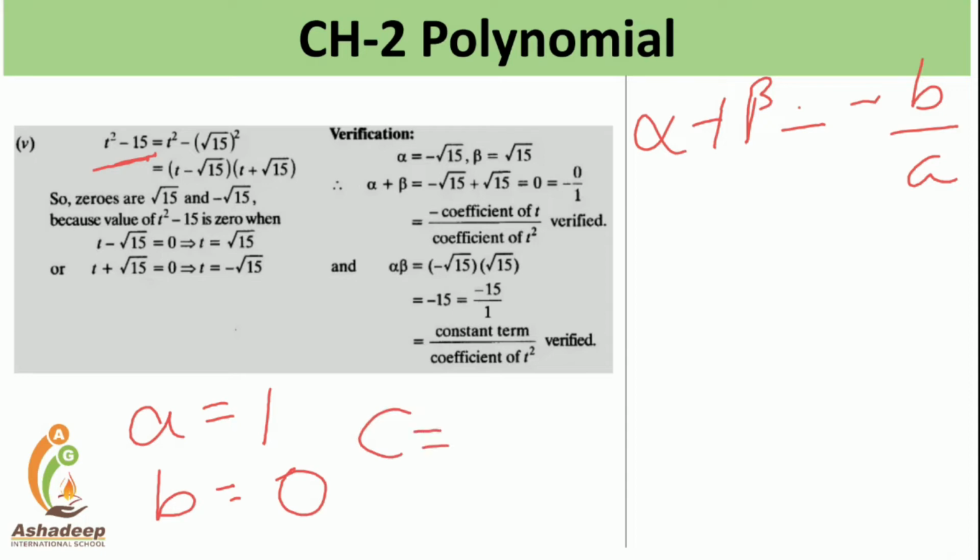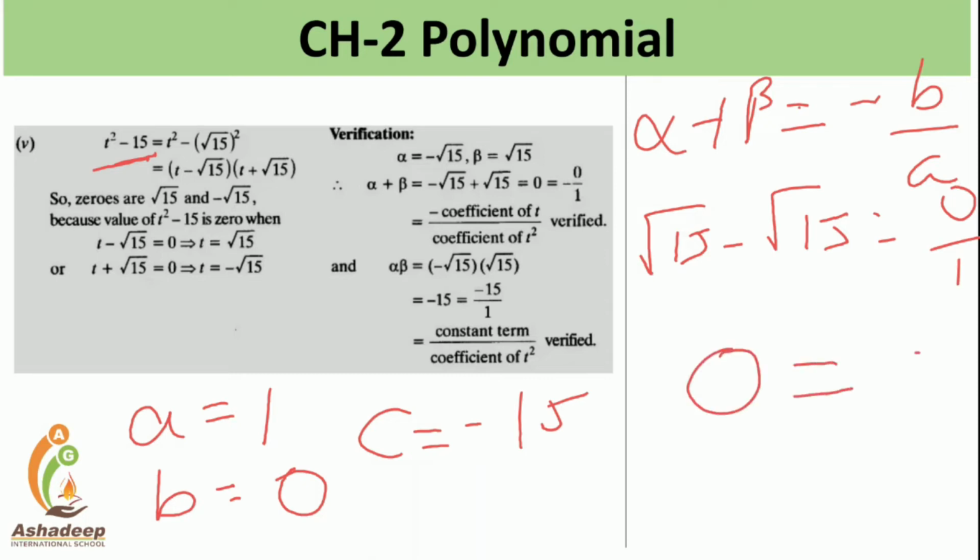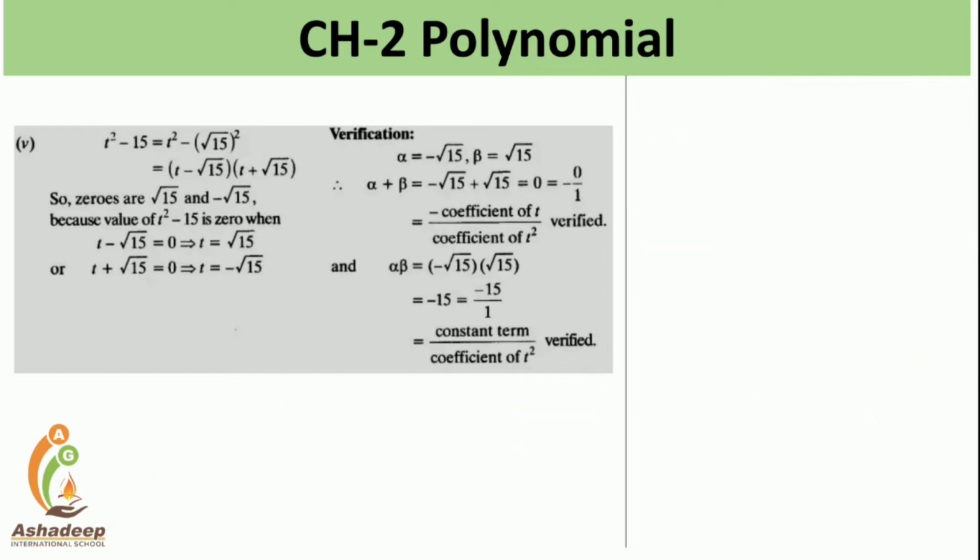The value of c is minus 15. So here plus square root of 15 minus square root of 15 is equal to the value of b, 0, upon the value of a, 1. So plus square root of 15 minus square root of 15 becomes 0, equal to 0. So both sides will get 0. So this is the way to verify the relationship.